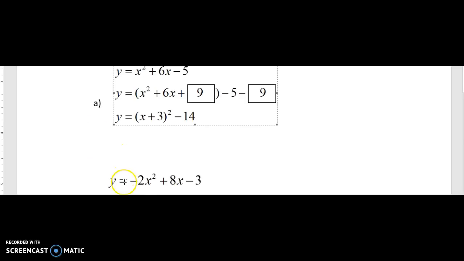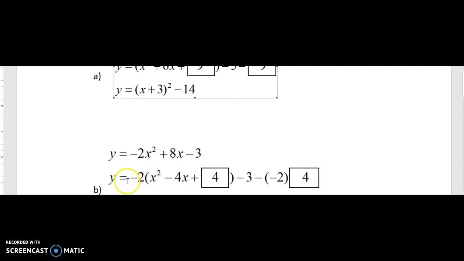So there is a GCF of a negative 2 here. And even if it didn't go into this 8 evenly, whatever that a is, I'm going to factor that out. Just from these first two terms, I am not going to factor it out from this negative 3. So let's see what this looks like.